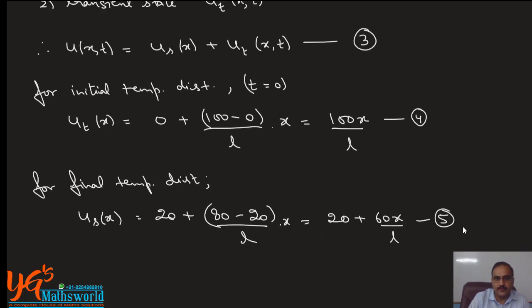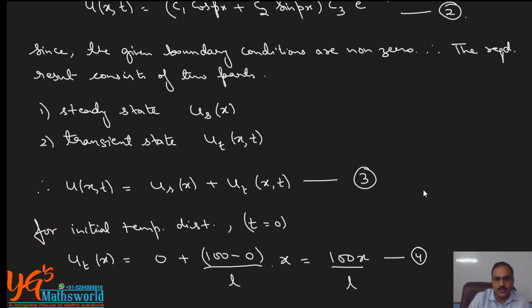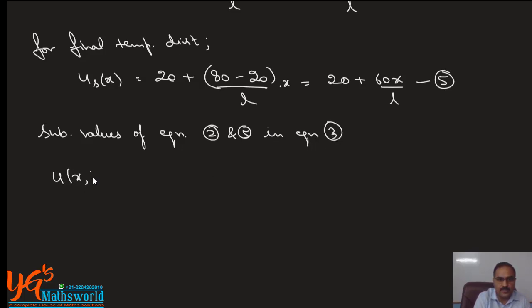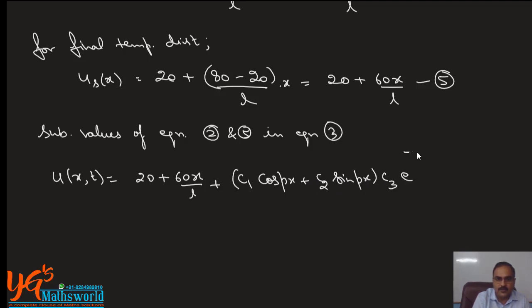Now what we have to do, we have to substitute the value of equation number 5 and equation number 2 in the third. So substituting values of equation 2 and 5 in equation number 3, u(x,t) will be equal to 20 plus 60x/L plus (c1 cos px plus c2 sin px) into c3 e^(-c²p²t).